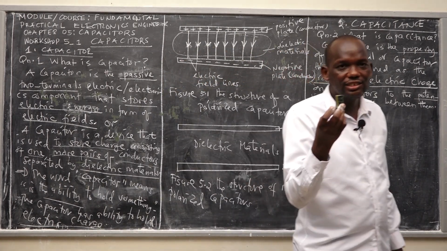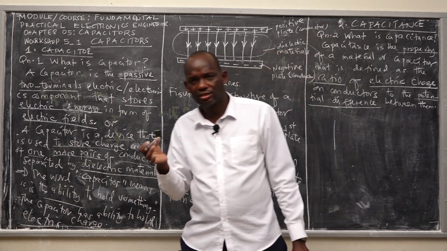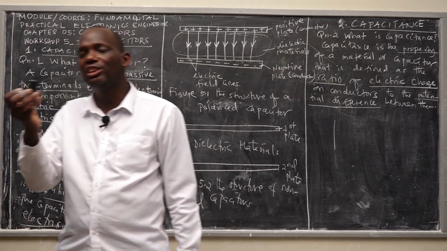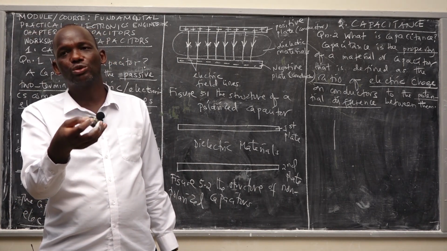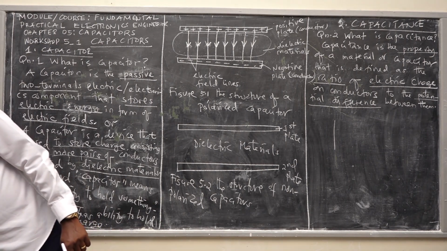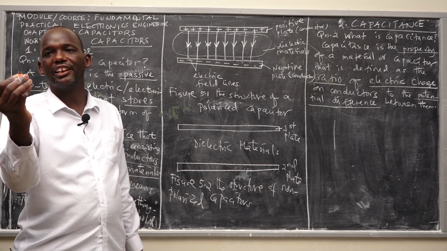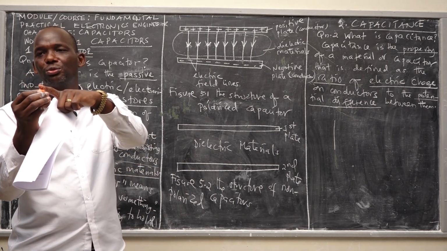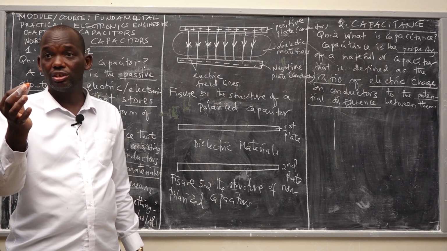For that case, we say that we don't have charges on the conductors, and also we don't have potential difference between the two points. The two conductors that we are talking about are the ones that have been externally extended: this pin, this terminal, and this one. Those are the two conductors.